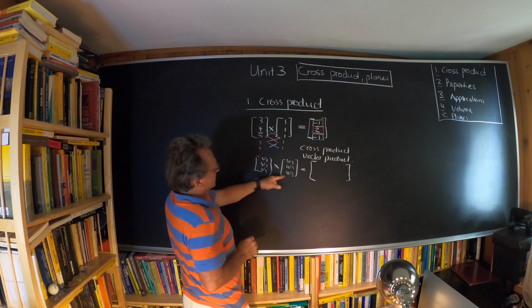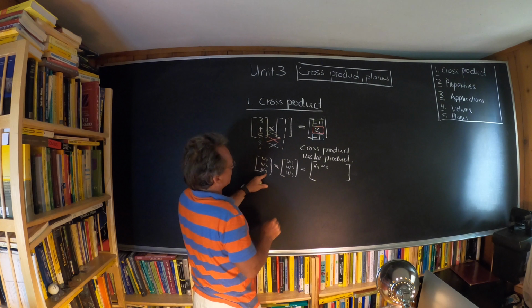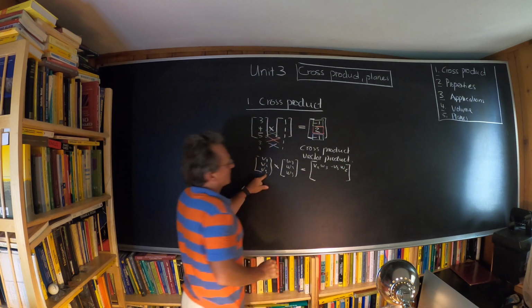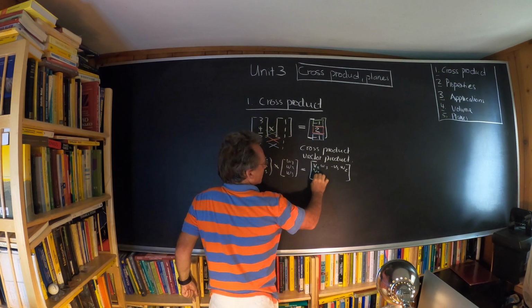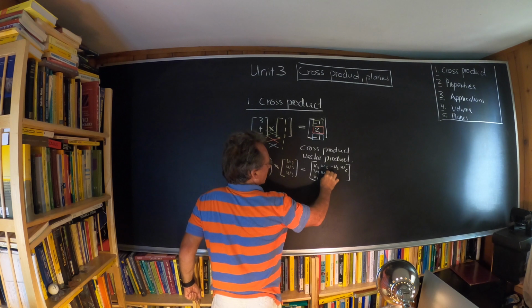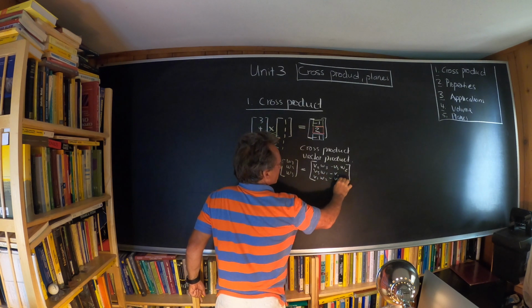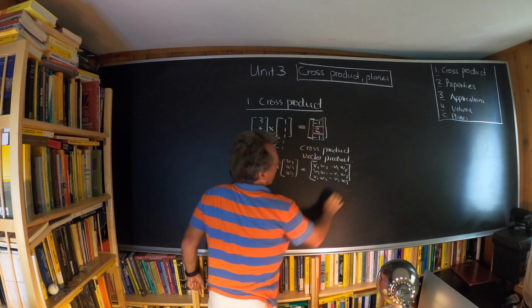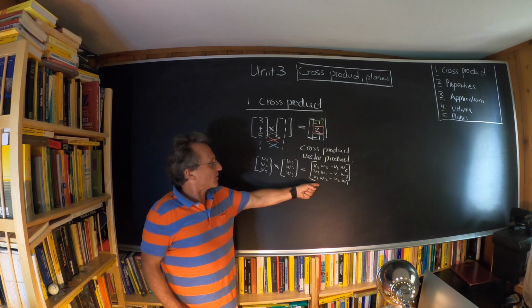What we have is V2 times W3 minus V3 times W2. And now the rest is all cyclic, so that becomes V3, that becomes V1, that becomes W1, that becomes W2, that becomes V1, V2, that becomes W3, that becomes W1. So this is the general definition for a cross product.